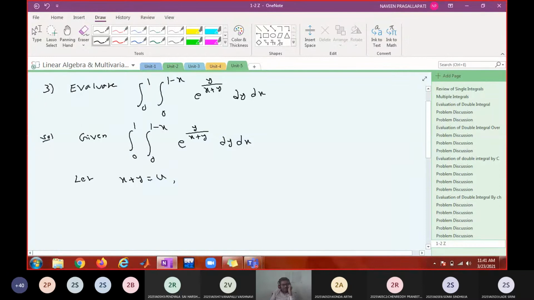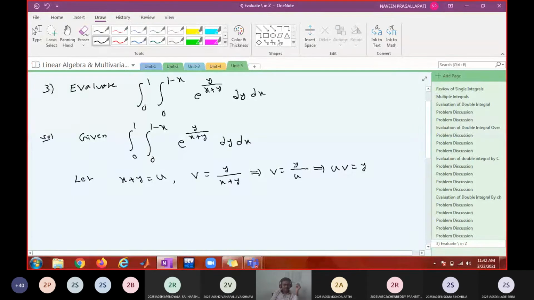And the other substitution would be, we need to integrate this whole thing, right? So how can we do that? By assuming v equal to y by x plus y. But what is x plus y? u. It will be equal to y.